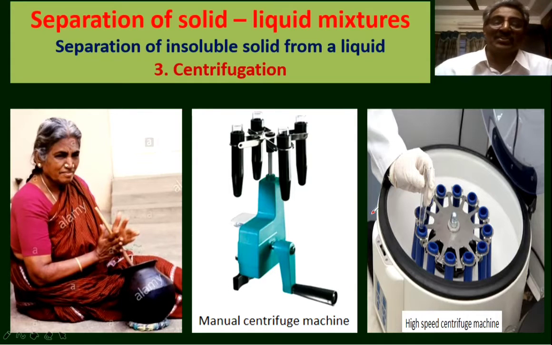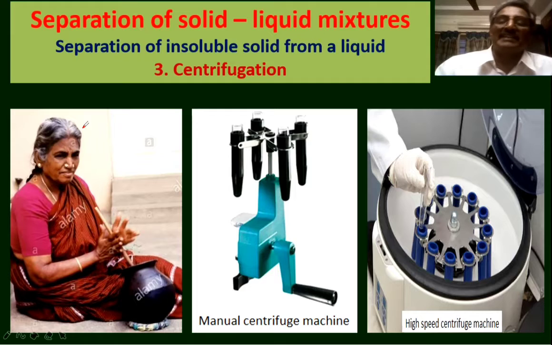This figure shows a manual centrifuge machine, operated manually. The third figure shows the automatic centrifuge machine, which works with electricity. Both are used in laboratories. In the industries, the same kind of large machines are used to separate the suspensions from the liquid.